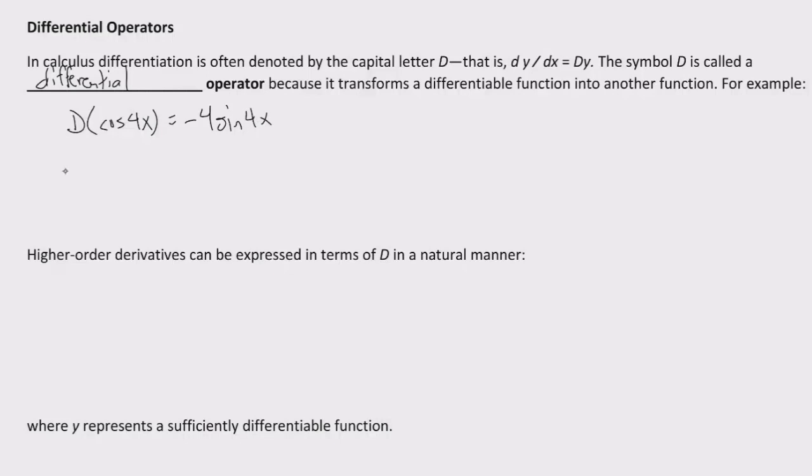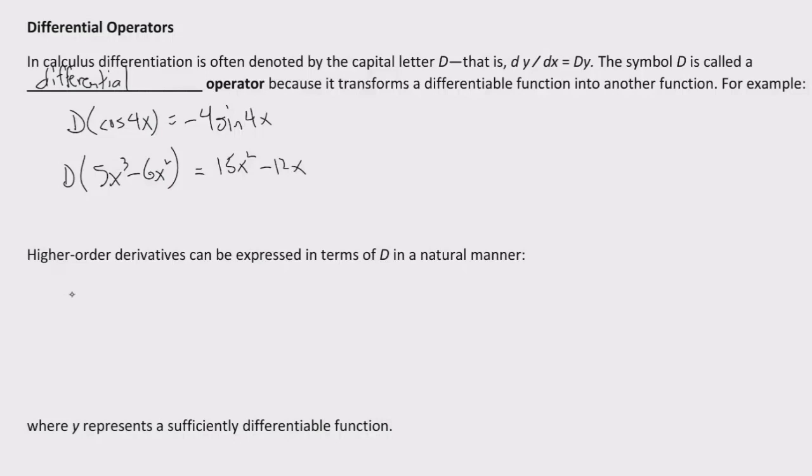Let's say I have 5x cubed minus 6x squared. The differential operator would just give me 15x squared minus 12x. Higher order derivatives can be expressed with this notation.